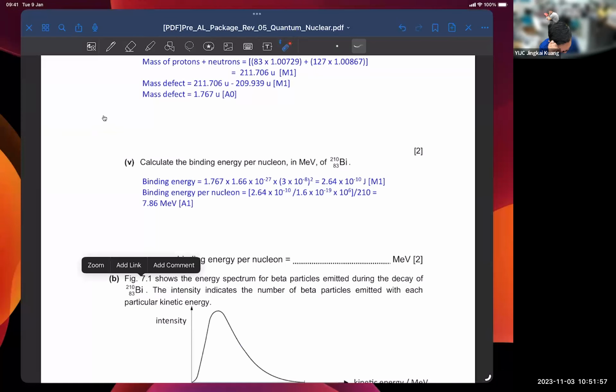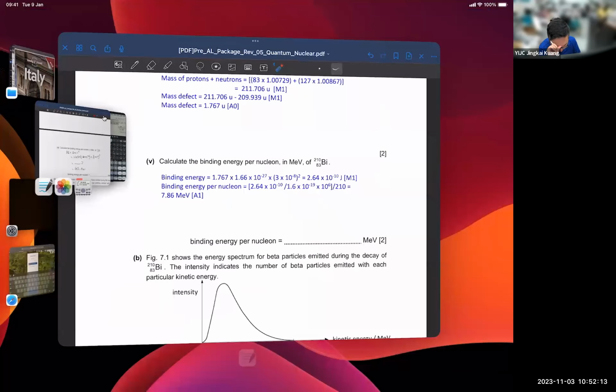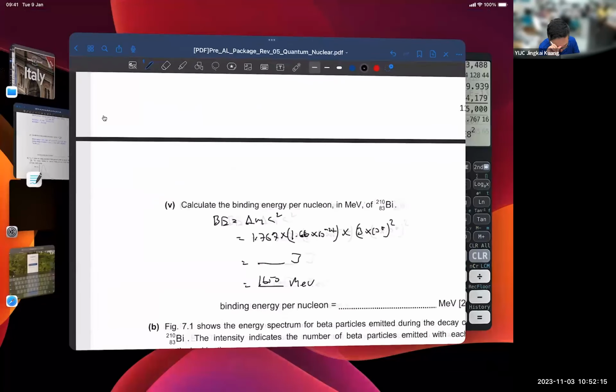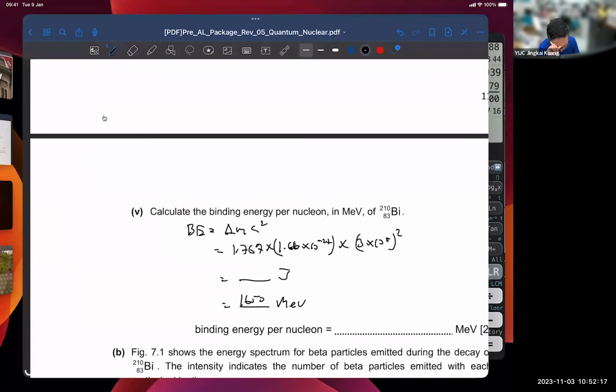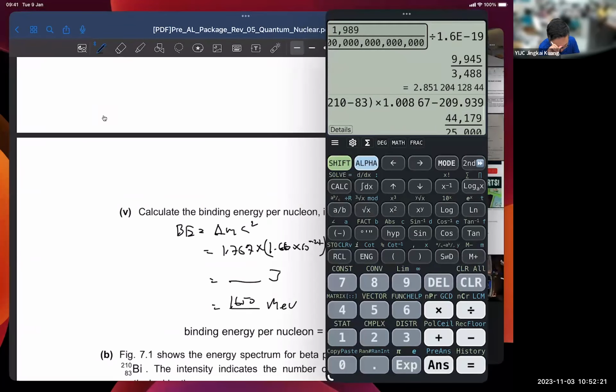Oh, what did I do wrongly? Where's the mistake?